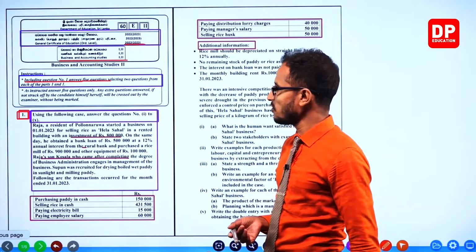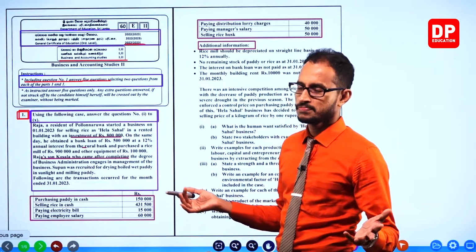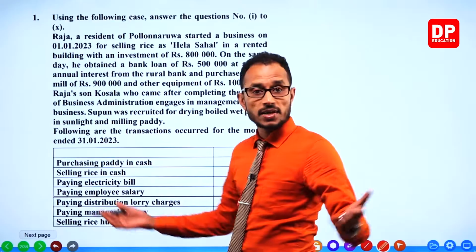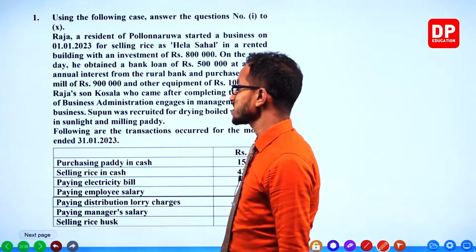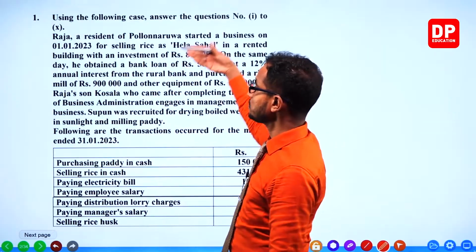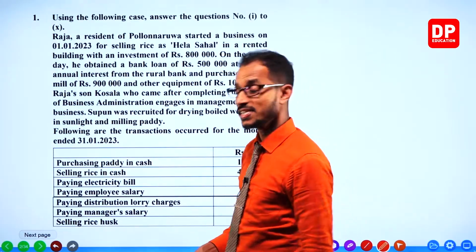Shall we kick off this one too? Let's do it. Always the second paper, first question is the compulsory question. As I explained, it has 10 sub parts based on this case. It's a case study.